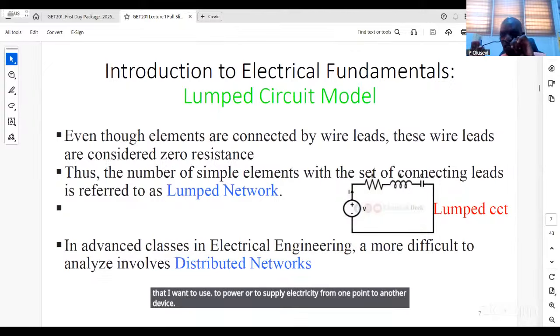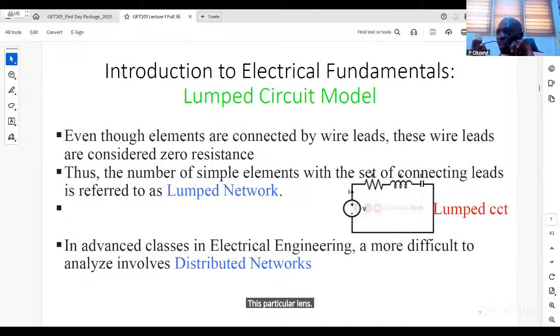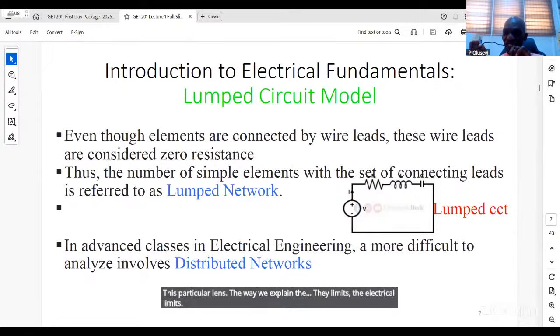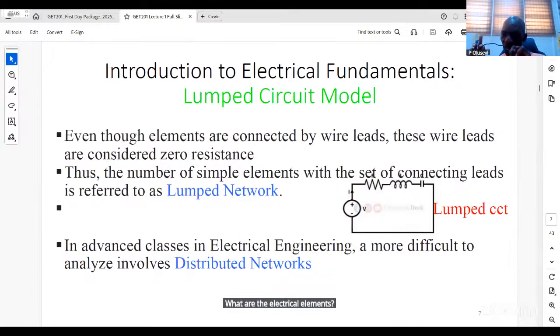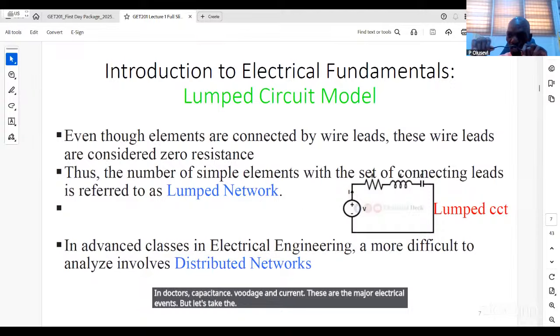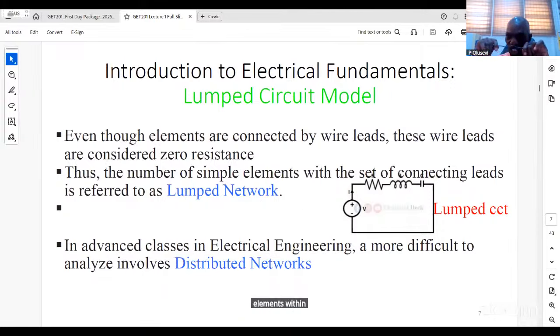What are the electrical elements? Resistance, inductance, capacitance, voltage, and current. These are the major electrical elements. But let's take the elements within this particular cable, which are resistance, inductance, and capacitance.